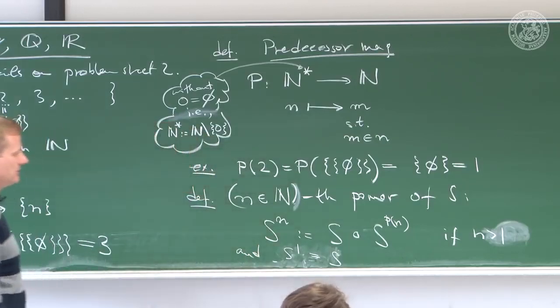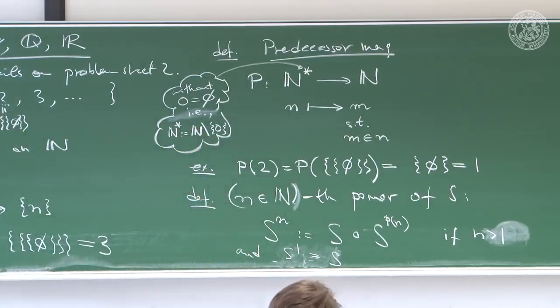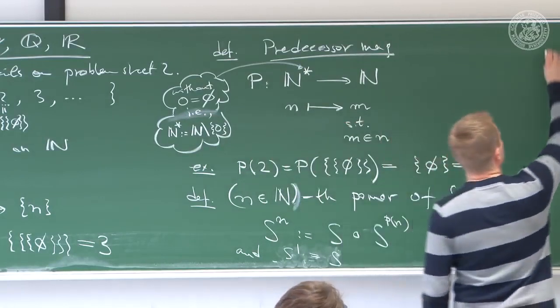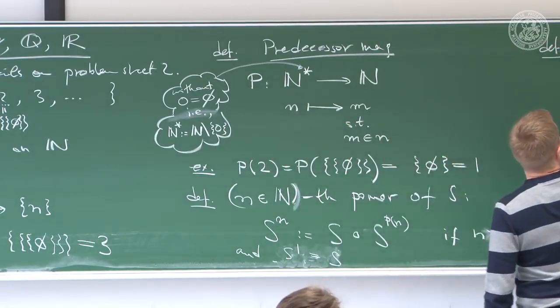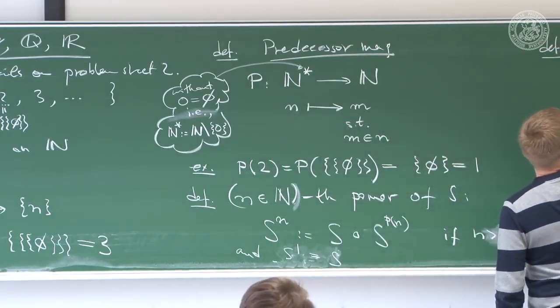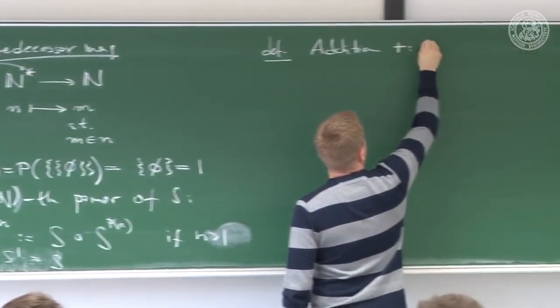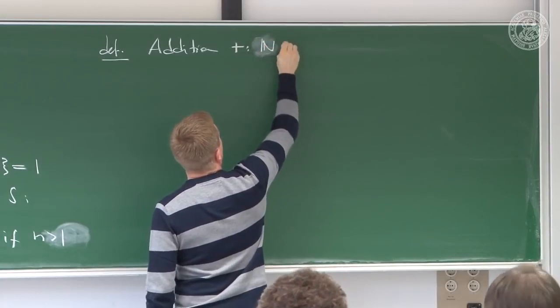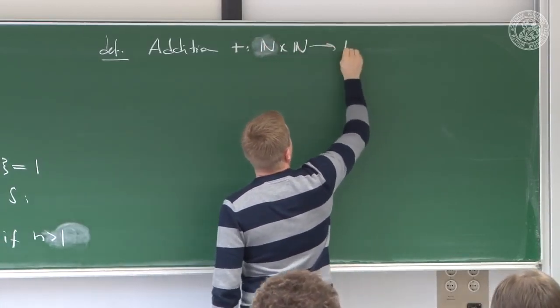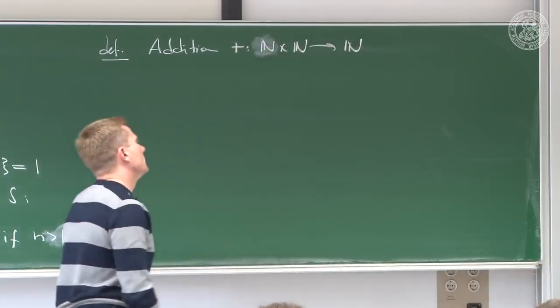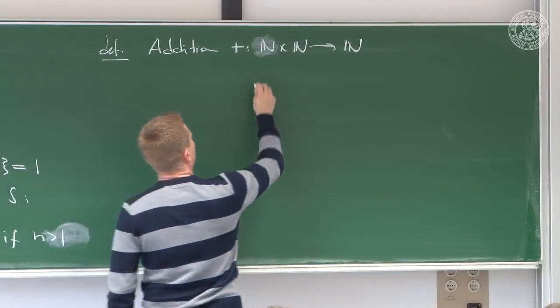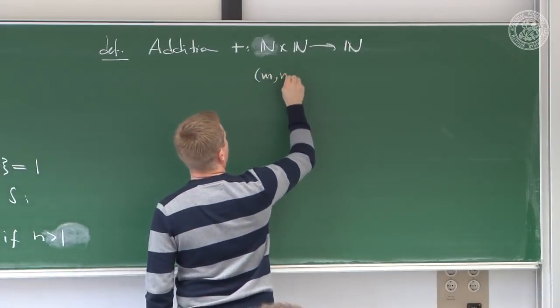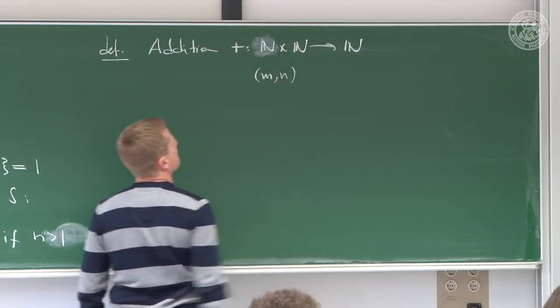Okay, so that's the power of the successor map defined recursively this way. And once we have that, we can define the addition plus that takes two natural numbers and maps them to a natural number by taking this pair (m, n), which is an element of the Cartesian product.